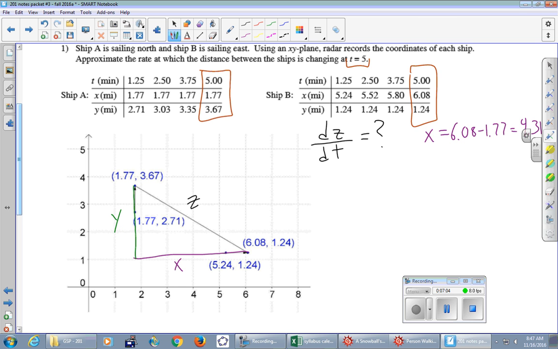All right. Likewise, I should be able to figure out what y is equal to at that one moment, t equals 5. So somebody else, what are we doing to calculate the length of y? 3.67 minus the 1.24. 3.67 minus 1.24, 2.43.